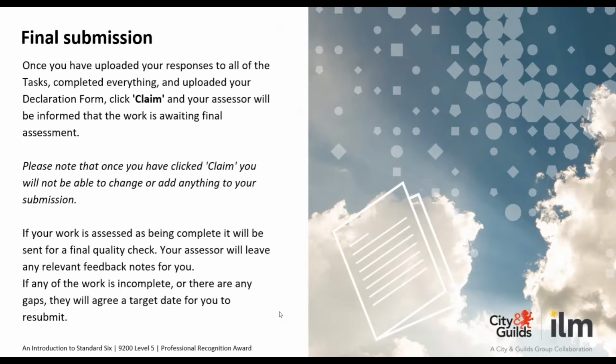Okay, so having completed the tasks for standard 6, once you've uploaded that and your responses to all the other tasks, you're satisfied you've completed everything, you've uploaded every bit of relevant evidence you can think of, and your declaration form, which was, if you remember, going right back to the introductory webinar, the same part of the same task where you had to upload your CV and your job role and so on.